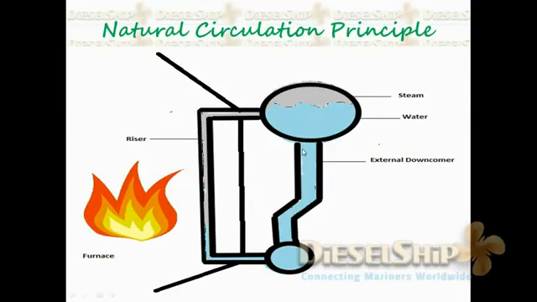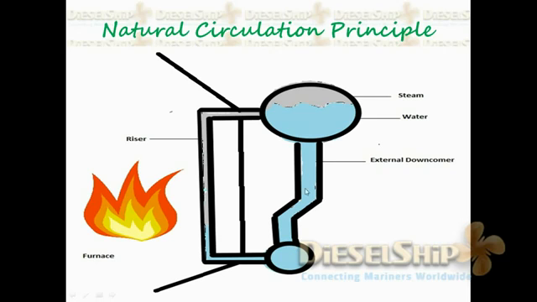Hope we all know the basic parts of a boiler. Let me explain in short with this diagram. Here is the steam and water drum. For simplicity in understanding, we call this the steam drum, and let this be the water drum. The big pipe connecting the steam and water drum is the downcomer.